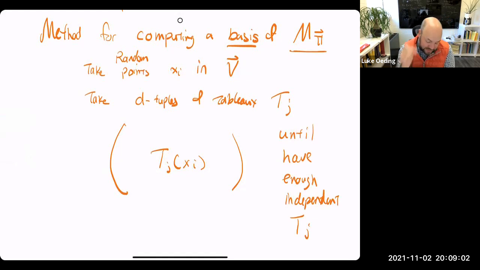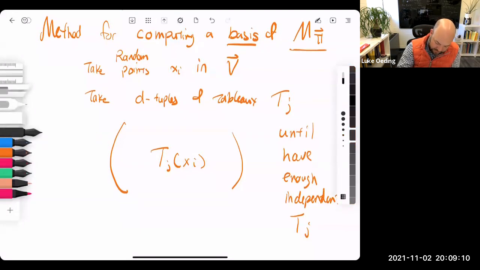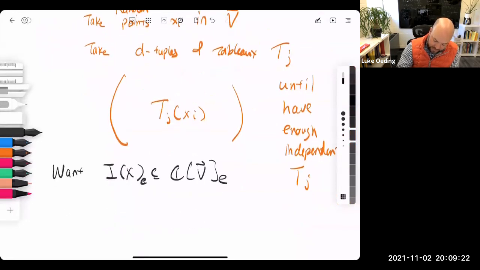Once you have a basis of that space, you can do the exact same thing for computing the intersection with the ideal of the variety that you care about. So if you want the ideal of X in degree d, inside of C[V vector] in degree d, then you choose your points x_i in X now.